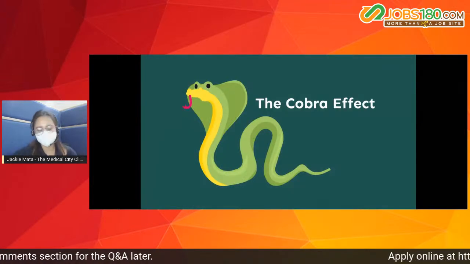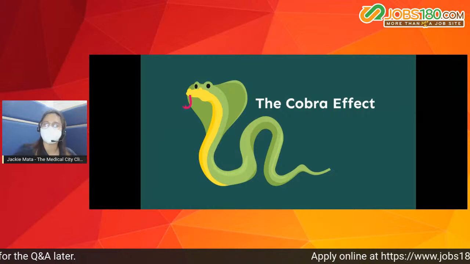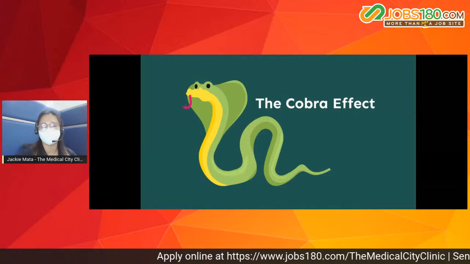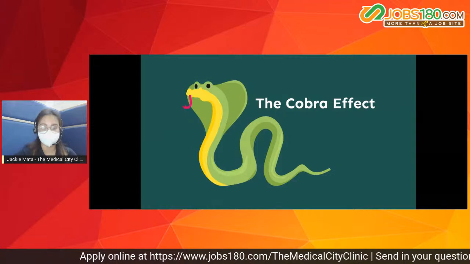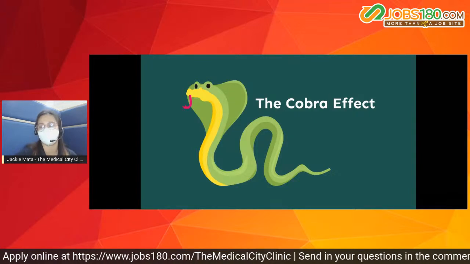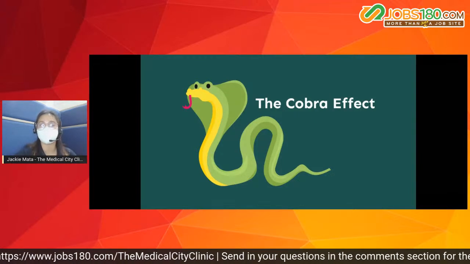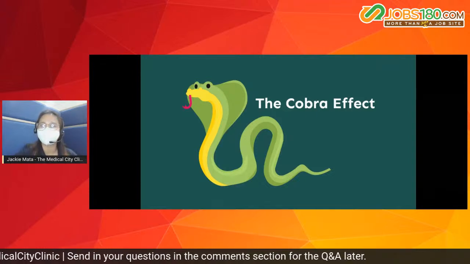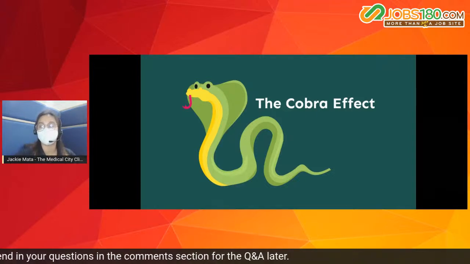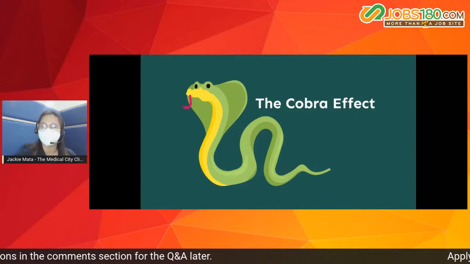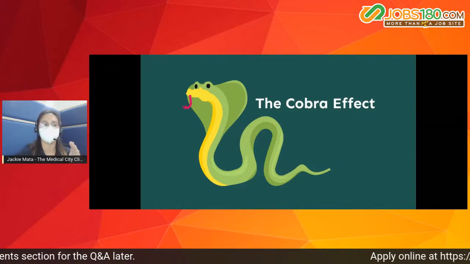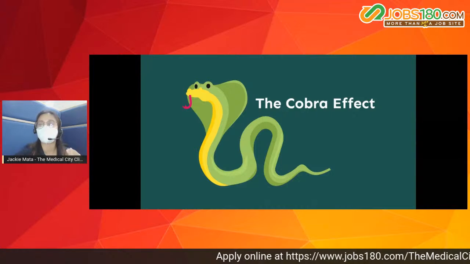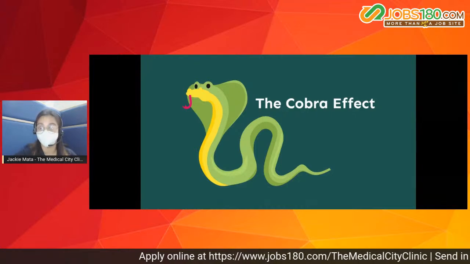There is this alleged historical event in British-occupied India. According to this story, there was a severe cobra plague in Delhi at the time, which the British governor wanted to combat by offering a reward on each cobra that would be killed. Any resident who brought a dead cobra would receive a small reward from the government.